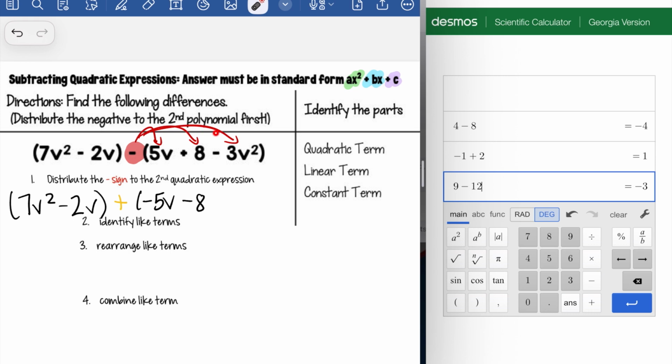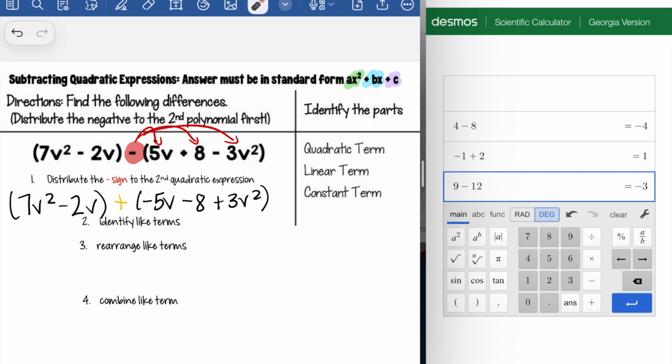And a negative times a negative 3v squared would give me a positive 3v squared. So basically, when we're distributing the negative sign, we're just changing the signs of everything behind it. Notice the 5v changed to a negative 5v, positive 8 changed to a negative 8, negative 3v squared changed to a positive 3v squared. We're just taking the opposite of the second expression.